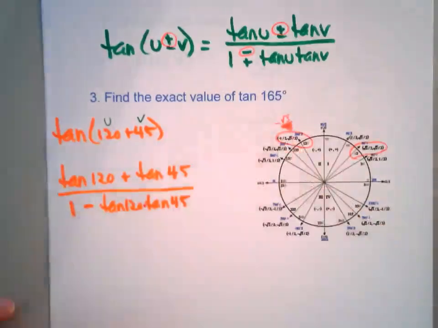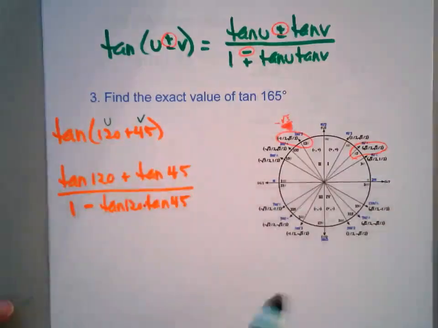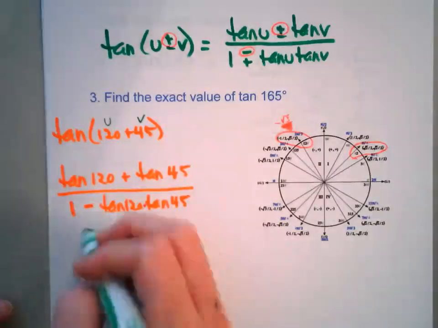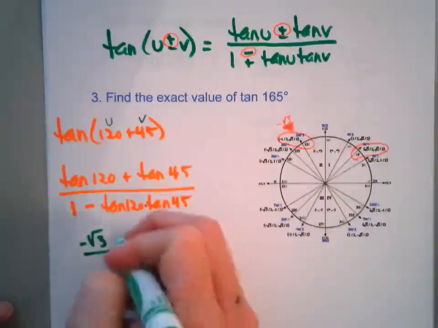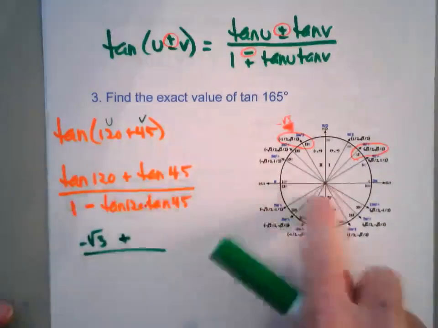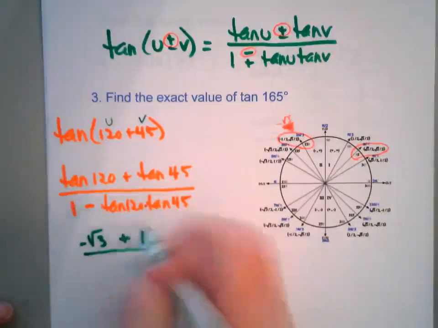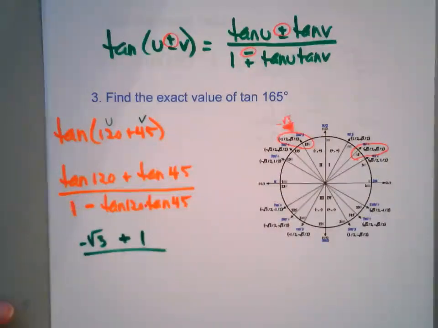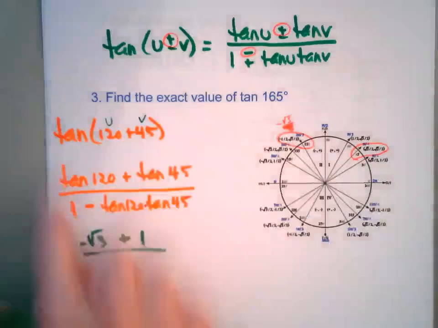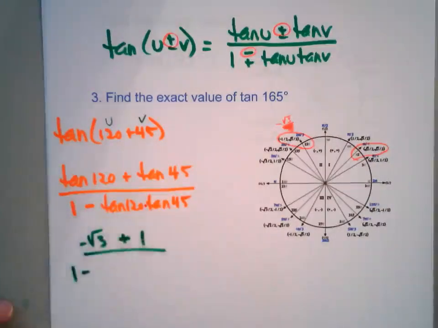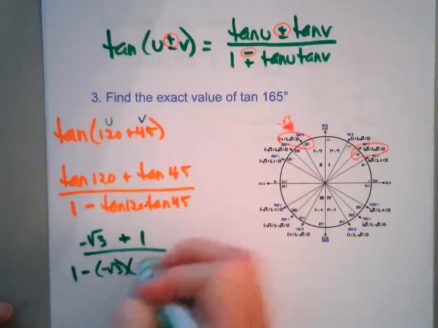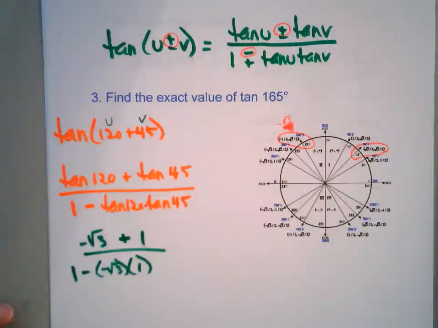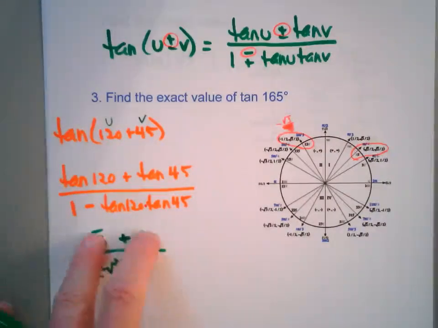Y divided by x. Okay? See, that's why you have them written down. So tangent of 120 is negative square root of 3. Plus tangent of 45. Tangent of 45 is 1. Okay, on the bottom, 1 minus. It's multiplication now. Square root of 3 times 1. So it's the same two values that you used here. You just use them down at the bottom a little bit differently.